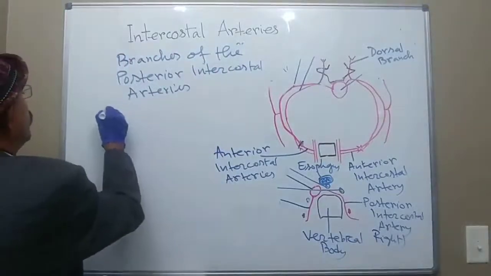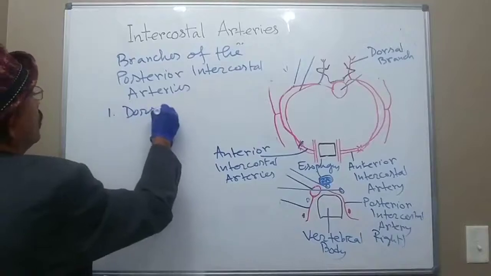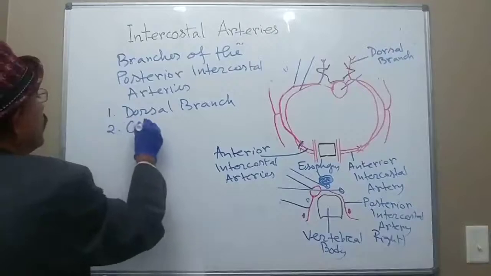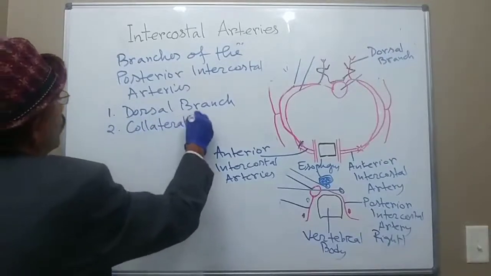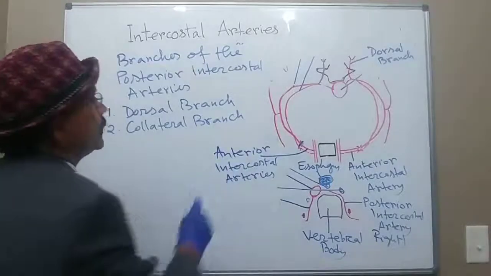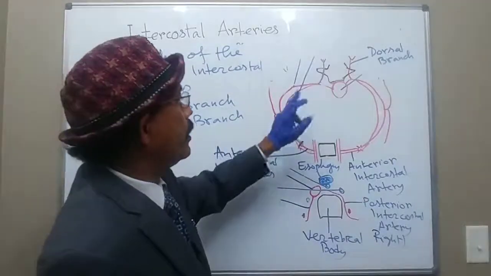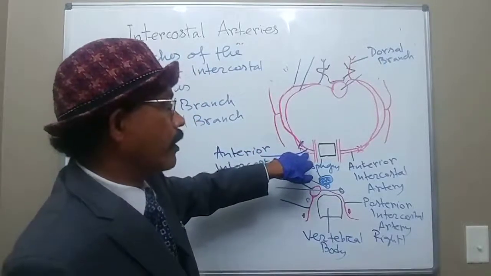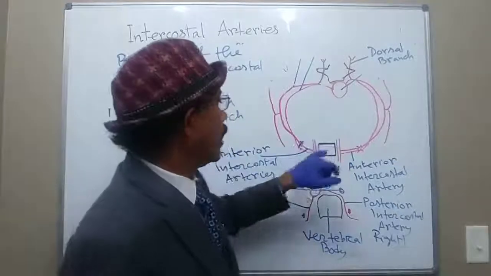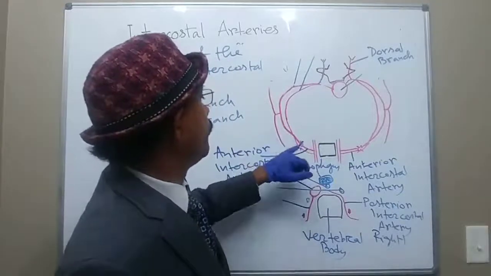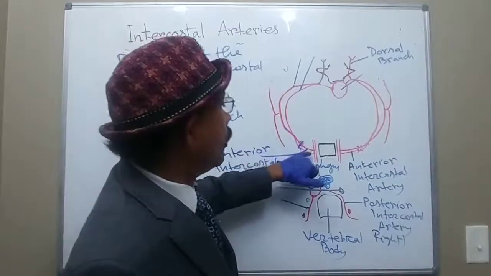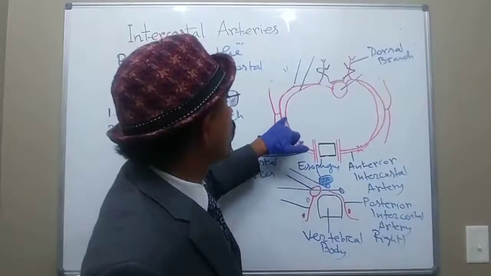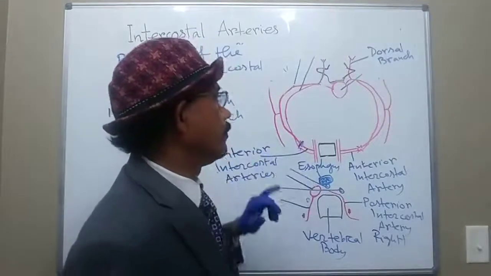So we have number one, dorsal branch. Then we have the collateral branch. The collateral branch of the posterior intercostal artery is here, and it will anastomose with the anterior intercostal artery. We have two anterior intercostal arteries. The upper one will anastomose with the posterior intercostal artery. The lower anterior intercostal artery of each space will anastomose with the collateral branch of the posterior intercostal artery.